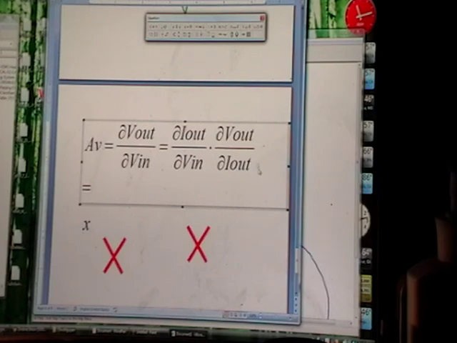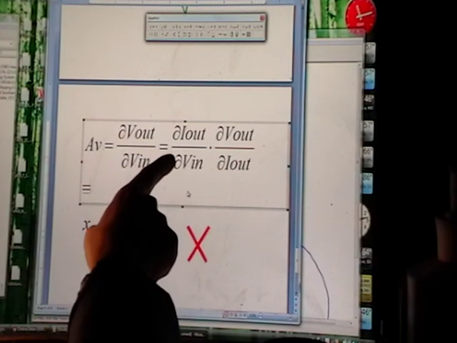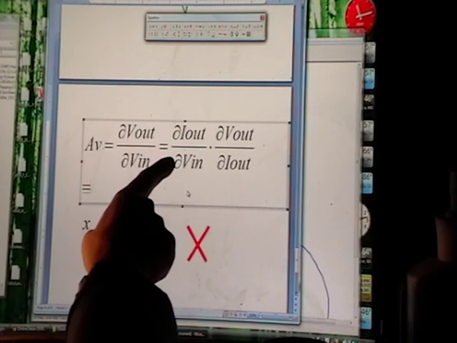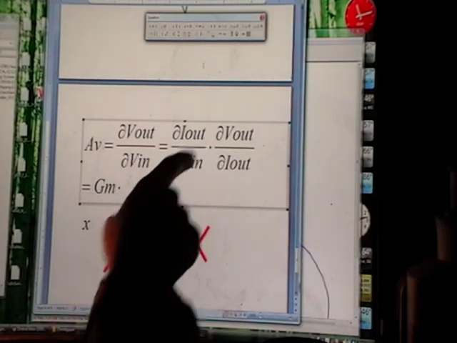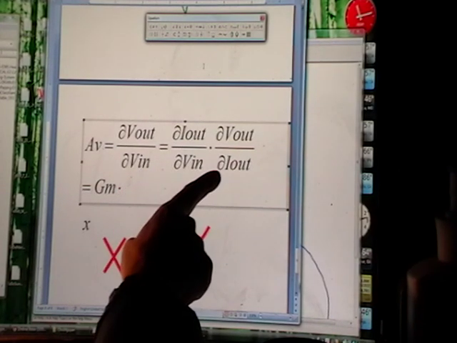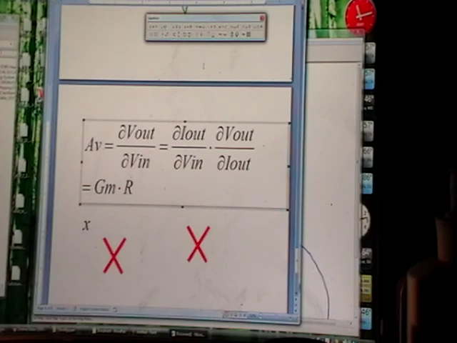Okay, if you look at this, the change in I out over the change in V in, that is just GM. And the change in V out over the change in I out, that's just R out.